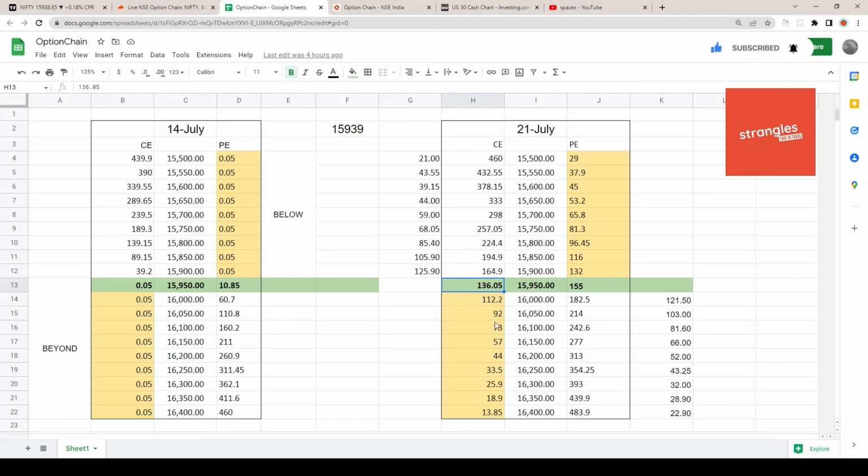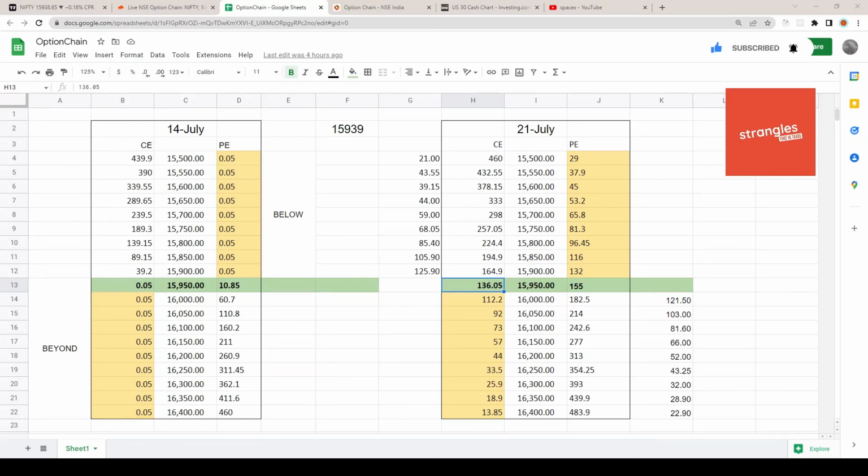And after that, whether it's OTM or in the money, the time value associated with all those contracts decreases. It is basically inversely proportional to the distance of that strike from the spot.